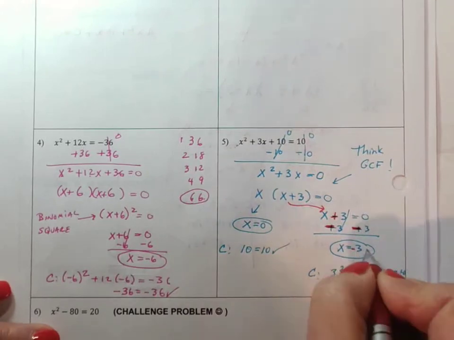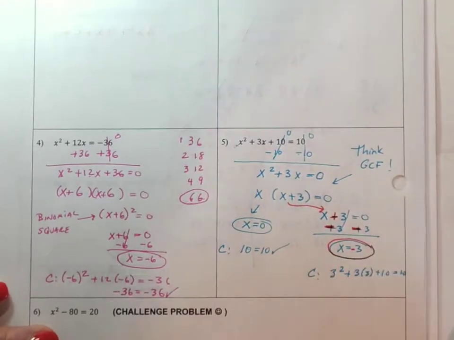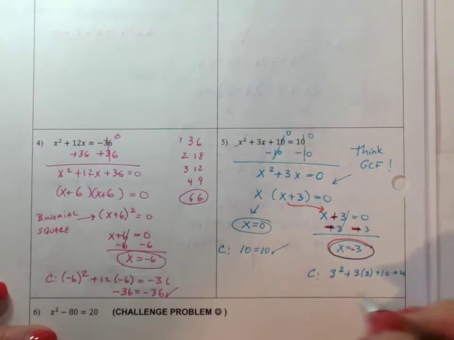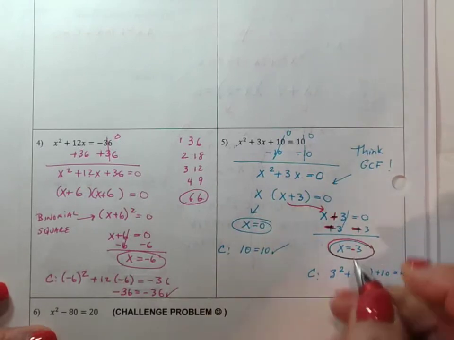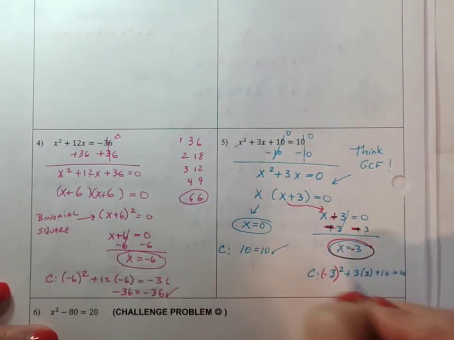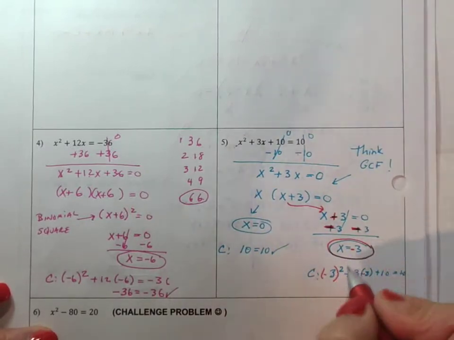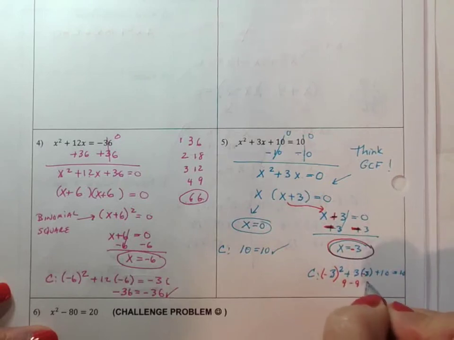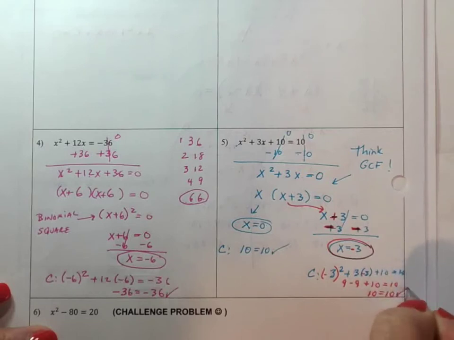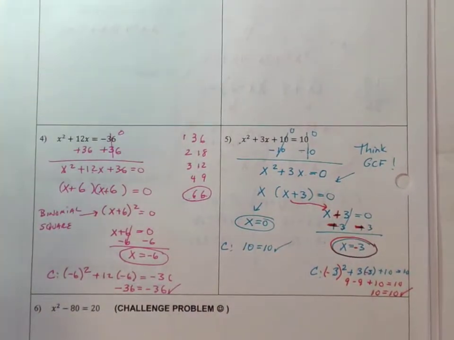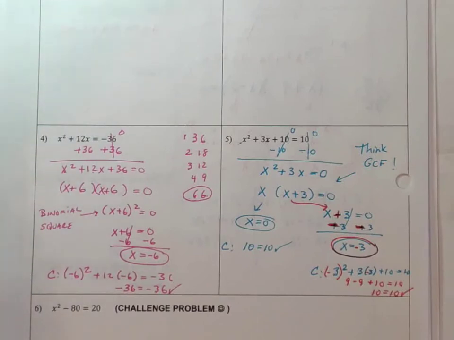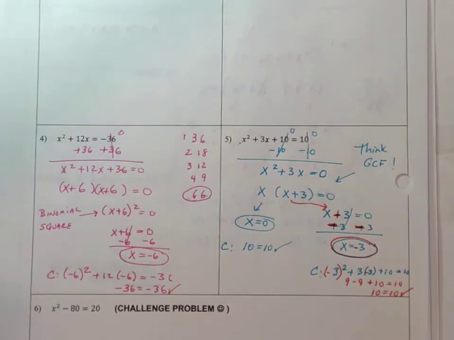And my answer is negative 3. Okay? I make mistakes too. So this is a way that I figured out that I had done something wrong. So this is really negative 3 squared. This is negative 3. So I'm going to get negative 3 squared, 9, minus 9 plus 10 equals 10. 10 equals 10. Cha-ching, it checks. So even for us experienced people, we still have to check because we can make mistakes.